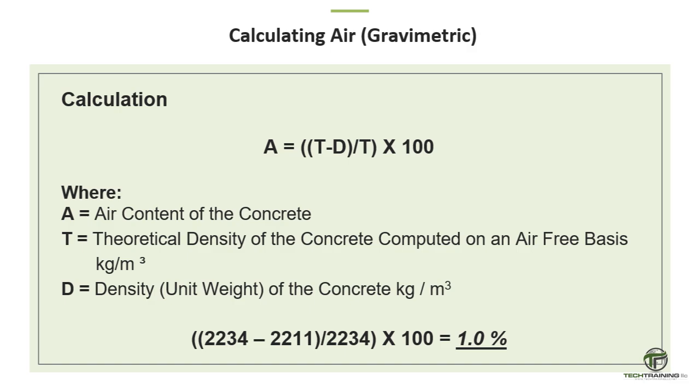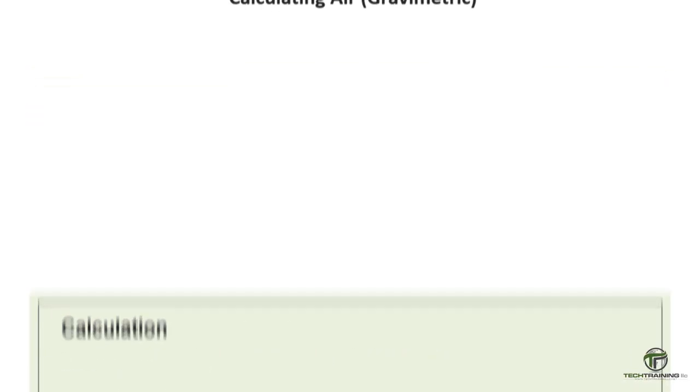Our density is 2,211 kilograms per cubic meter. Therefore, our equation is 2,234 kilograms per cubic meter minus 2,211 kilograms per cubic meter, divided by 2,234 kilograms per cubic meter gives us an air content, gravimetric, of 1.0%.